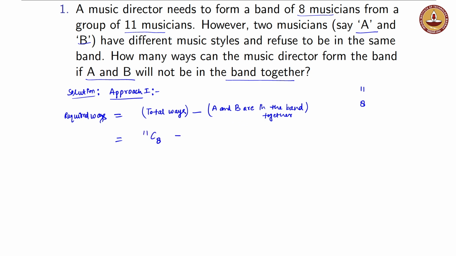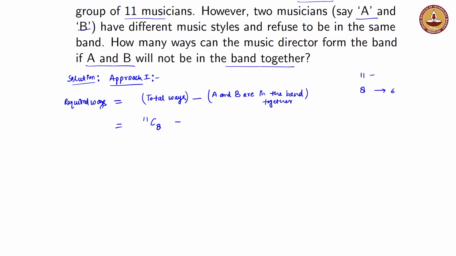We have to focus here. We are saying A and B are already in the band, so we have to select 6 people out of the remaining 9 people. That we can do in 9C6 ways.